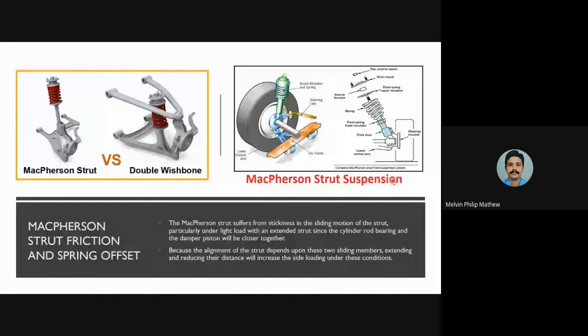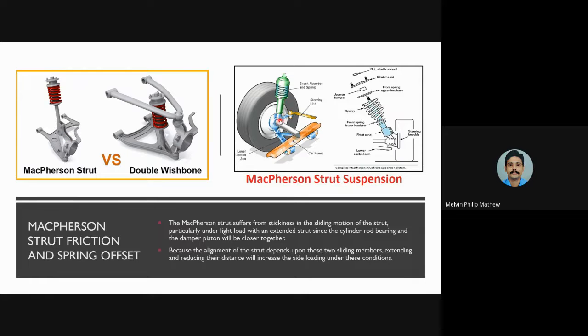And this Macpherson system is a replacement of a double wishbone, wherein the double wishbone has two wishbones and the coil spring is mounted in between the wishbones as shown here. But here the complete body rests on the Macpherson coil spring, and then it comes into contact with the wheel hub.